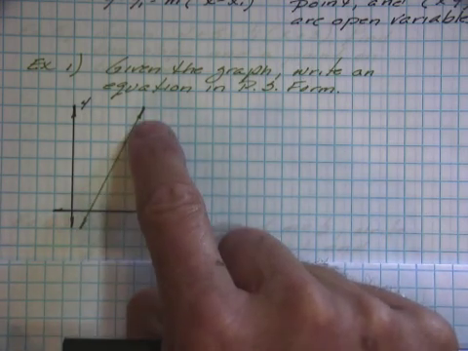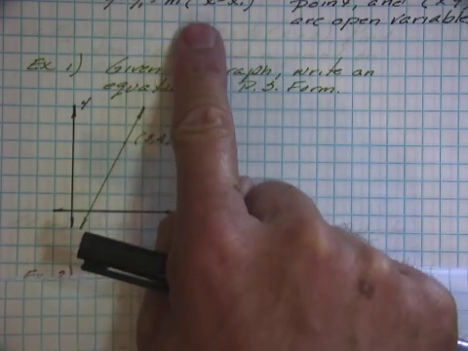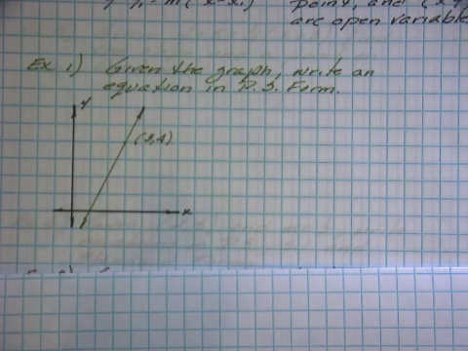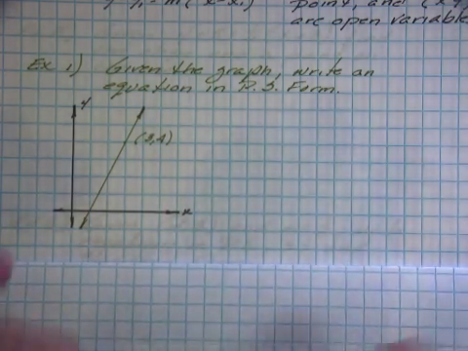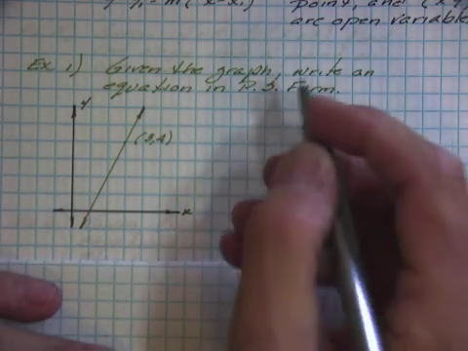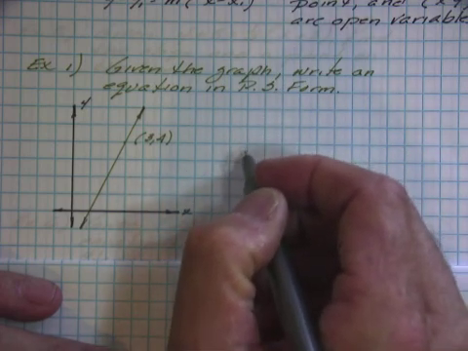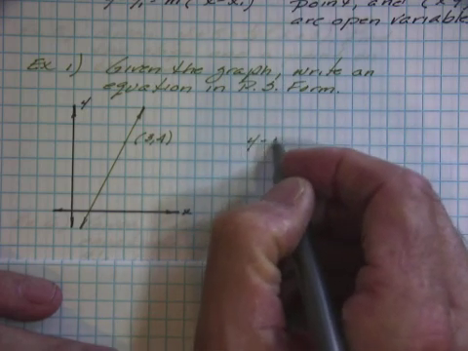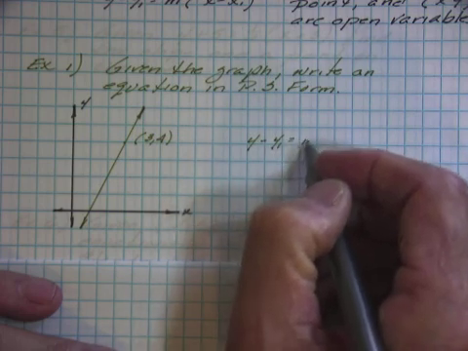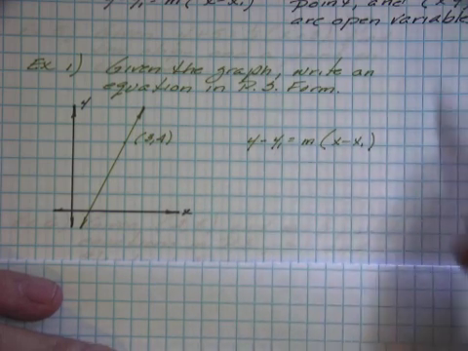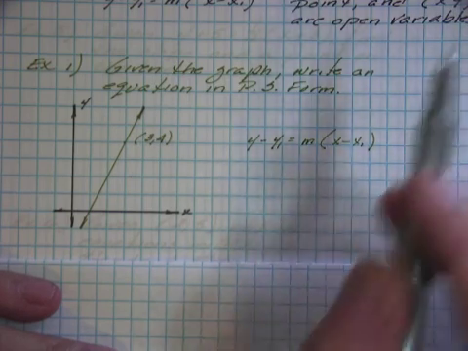So what I want to do is write an equation for this line in point-slope form. So first thing I want to do, and I recommend this all the time, is write the equation in its general form: y minus y sub 1 equals m times x minus x sub 1.